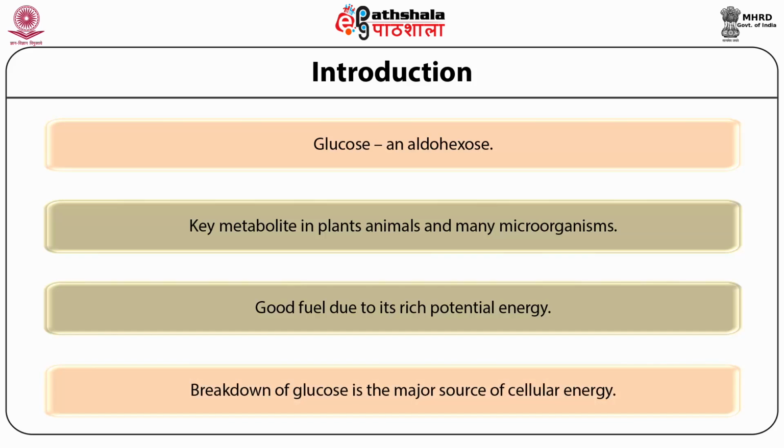Breakdown of glucose is the major source of cellular energy. Suppose we eat starch containing food, then ultimately that polysaccharide is converted into monosaccharide, and that monosaccharide, nothing but glucose, will enter into glycolysis.